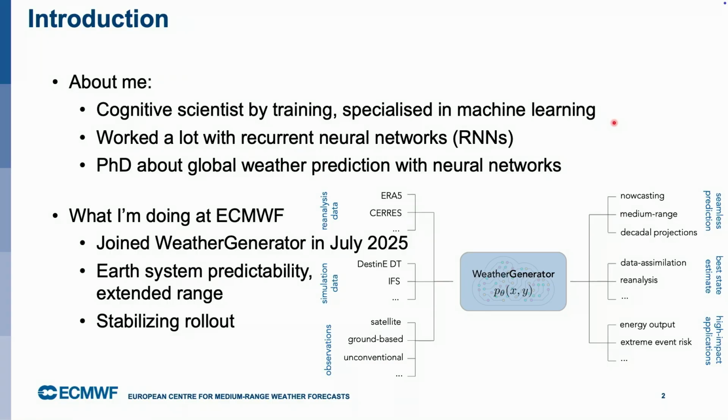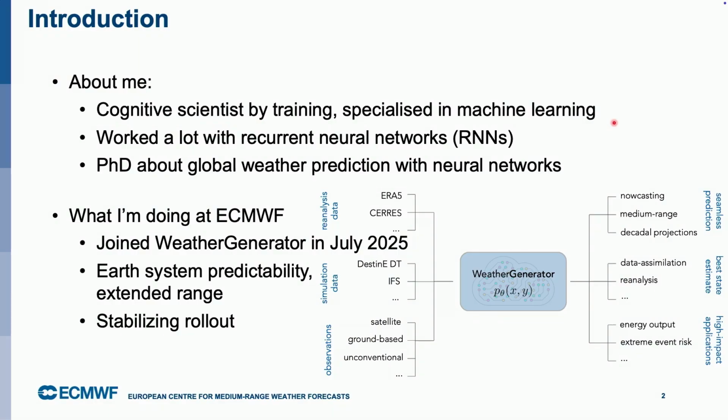From this latent state, it is supposed to deliver certain downstream tasks like forecasting, super resolution, like increasing the resolution of some temperature map, for example, or also best state estimates. And fitting to this lecture today, the weather generator consists of many transformer blocks.